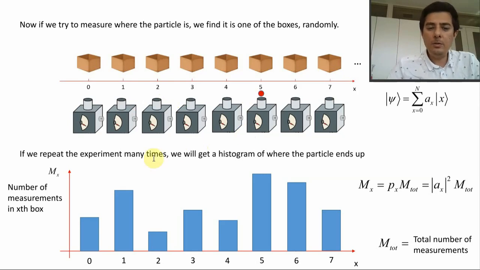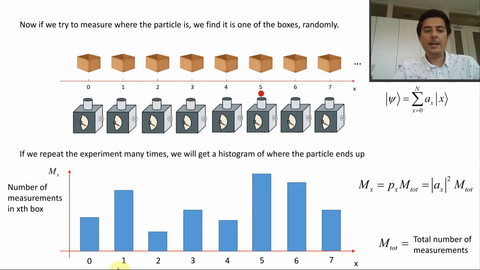And so what we'd do is repeat this experiment many times, and then we get a histogram of which detectors, or basically which box, we detected the particle in. I've just made up some random histogram here, so it might look something like this.